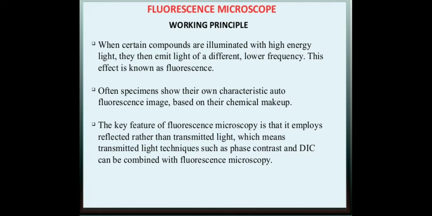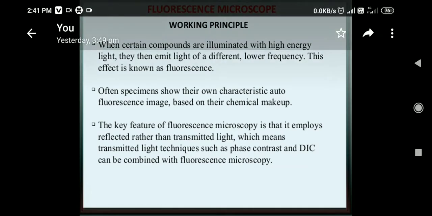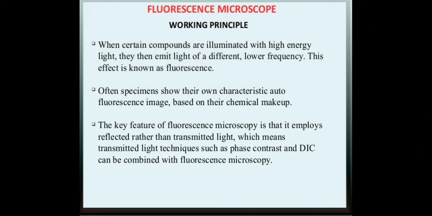Often specimens show their own characteristic autofluorescence image based on their chemical makeup. The key feature of fluorescence microscopy is that it employs reflected rather than transmitted light, as in the case of the previous microscopes, which means transmitted light techniques such as phase contrast and DIC can be combined with fluorescence microscopy.